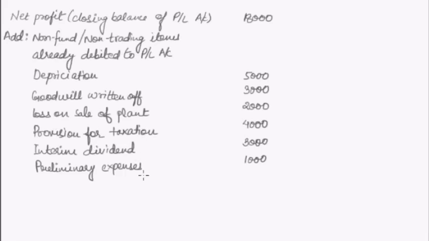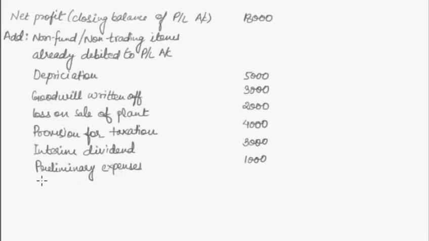Preliminary expenses have been charged after the calculation of gross profit, which is the difference between the sales revenue and the cost of goods sold, and the operating profit is also very closely related to gross profit.